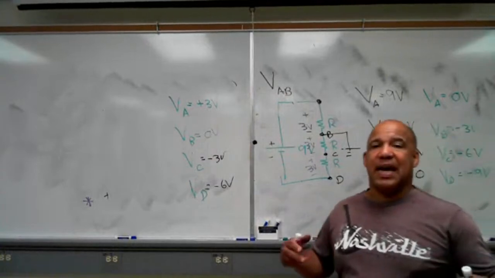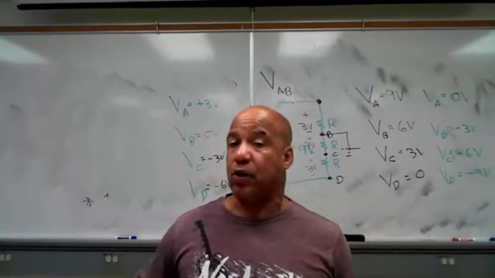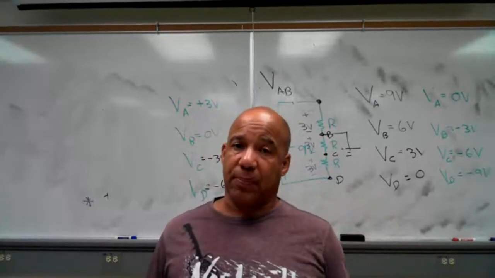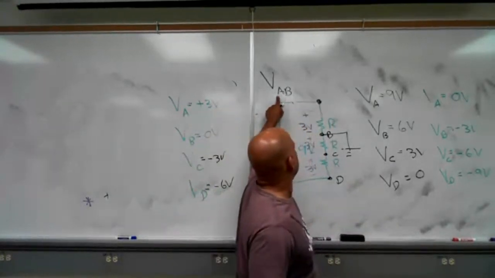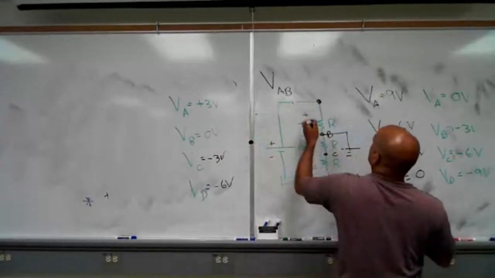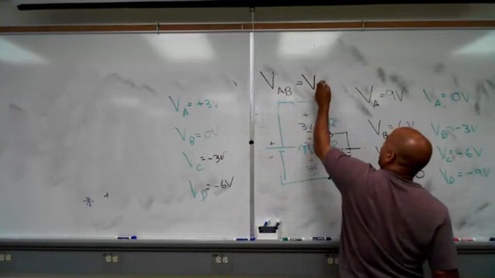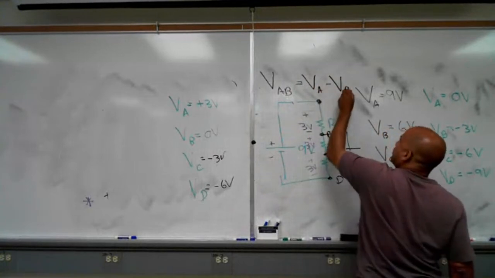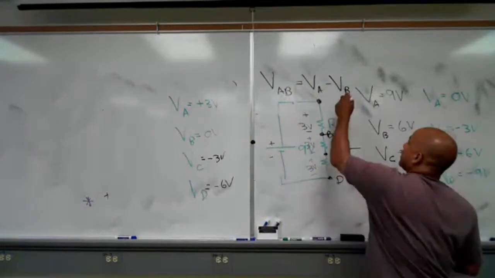Now, sometimes you need to go from double subscript notation to single subscript notation or vice versa. So it's a real simple way to do it. Given this is going to equal the voltage at A with respect to ground minus the voltage at B with respect to ground. Let me put a box around that so that stands out.